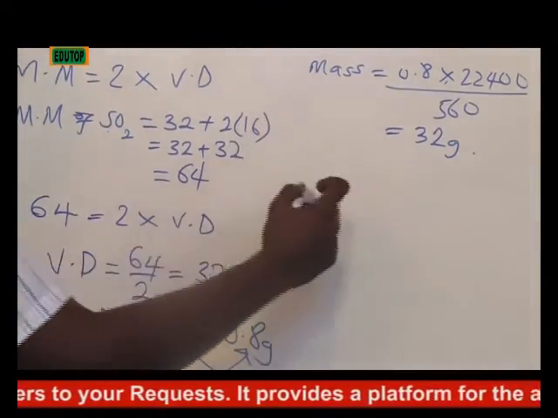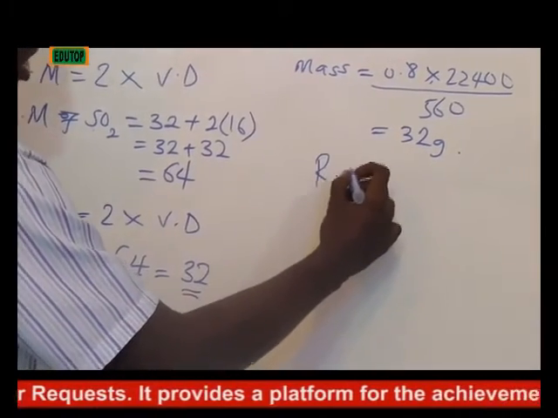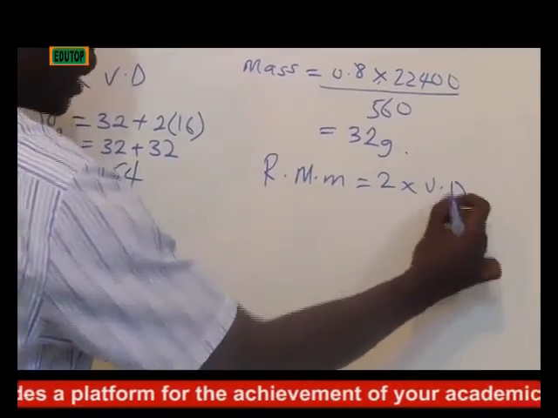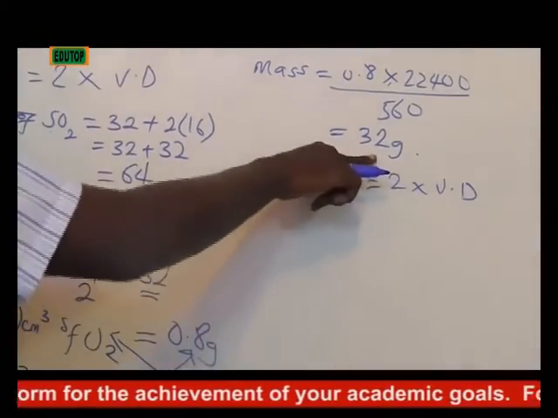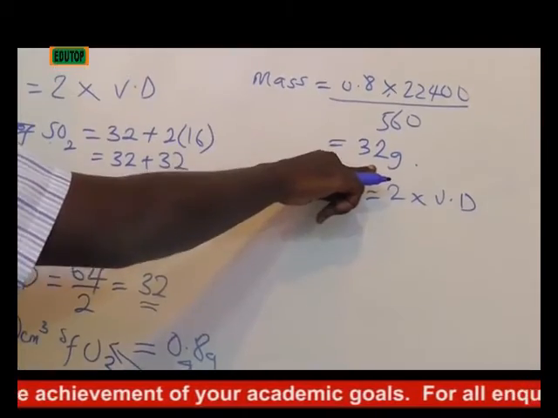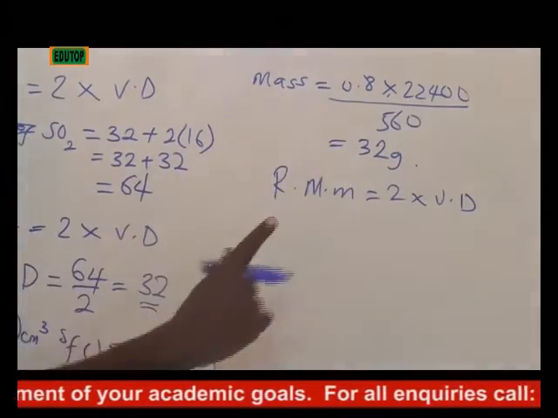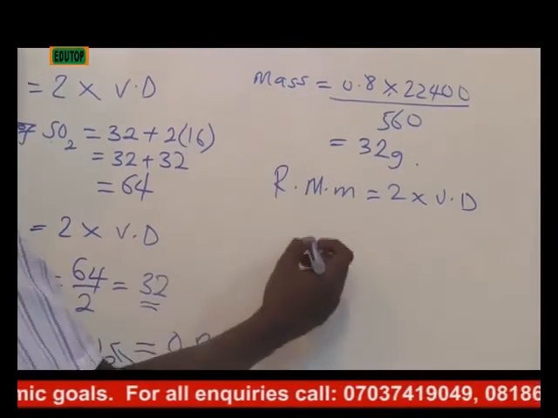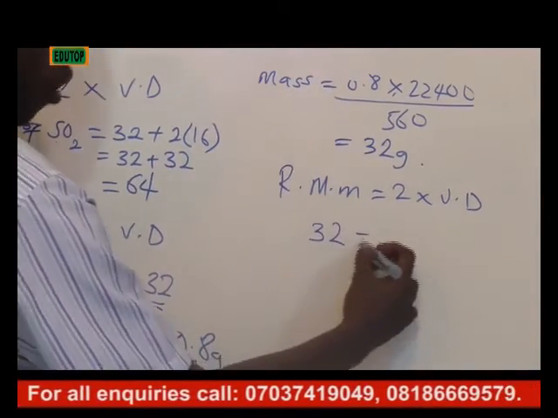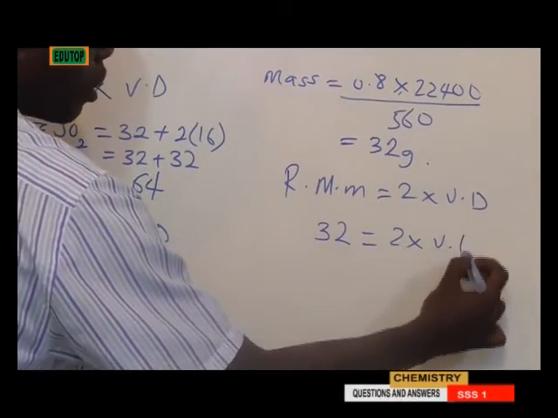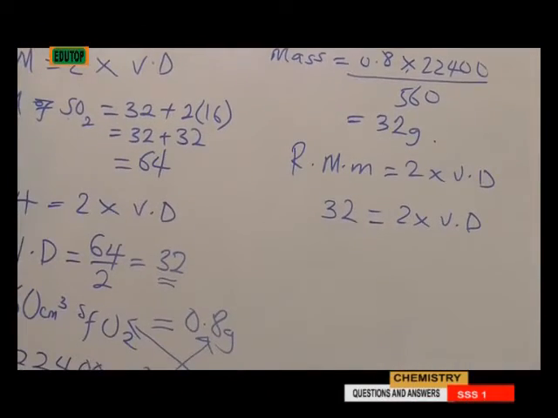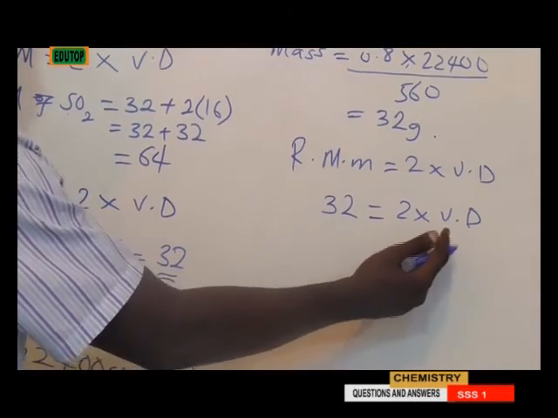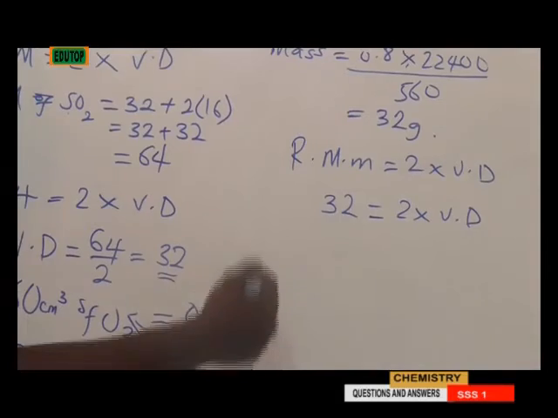Remember earlier that I said relative molecular mass is equal to 2 times vapor density. Since you have determined the relative molecular mass and you are looking for vapor density, you put this value into this: 32 equals 2 times vapor density. To find the vapor density, you divide both sides of the equation by 2.